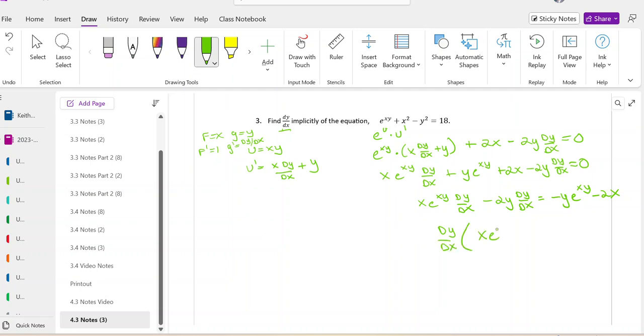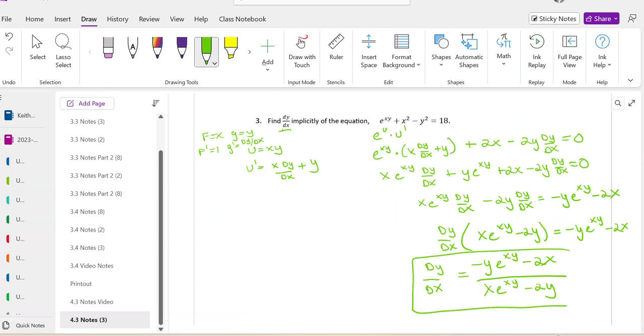So you have x e to the xy minus 2y equals negative y e to the xy minus 2x. And then you divide, all over x e to the xy minus 2y. And that is dy dx.